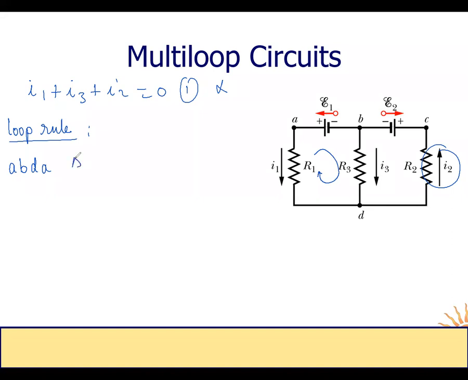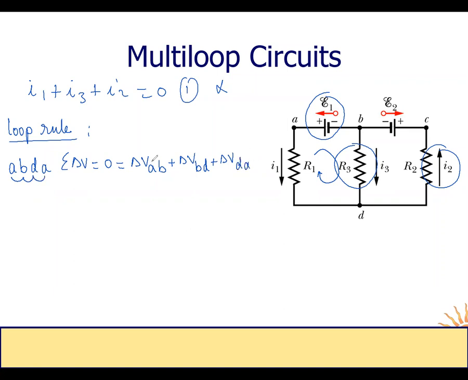You know, the summation of delta V must equal 0, equals delta V AB at the battery E1 plus delta V BD at the resistance R3 plus delta V DA.